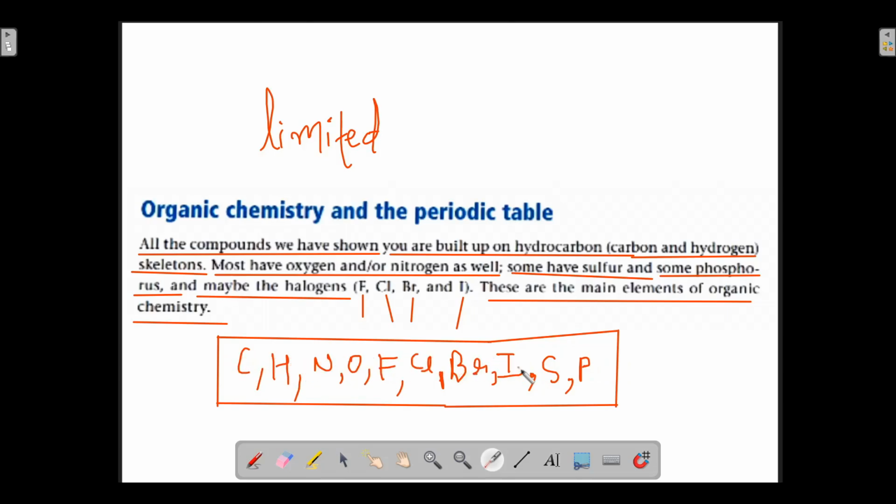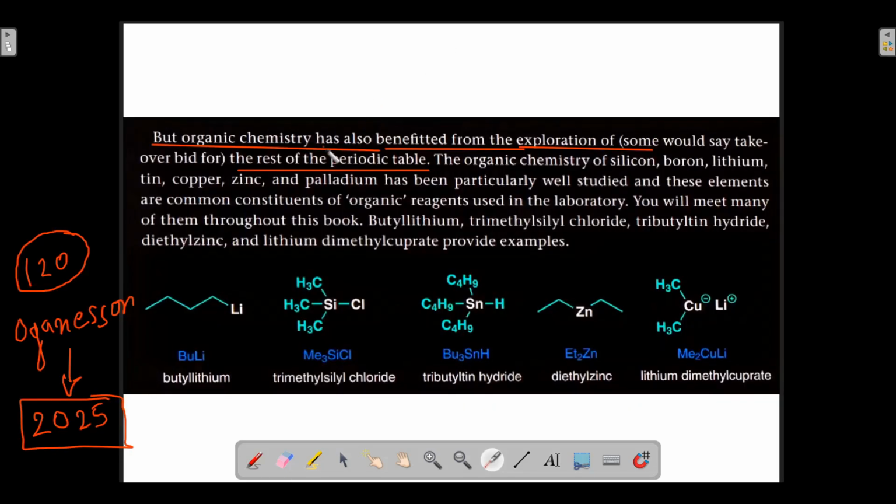These main elements occupy specific positions, and the others occupy other space in the periodic table. The author refers to them as the rest of the periodic table.